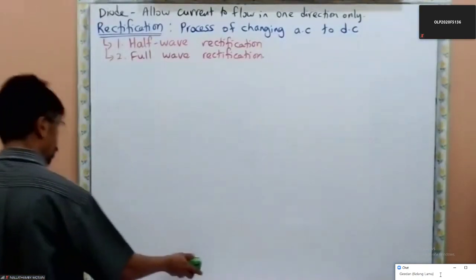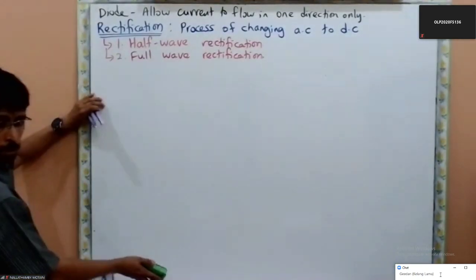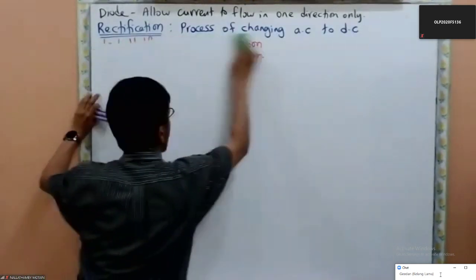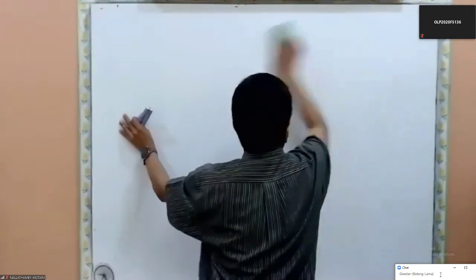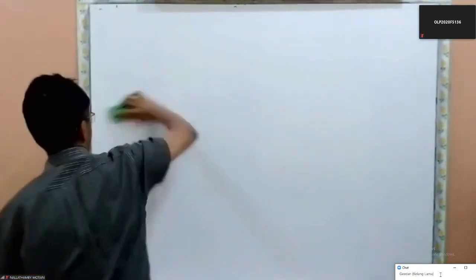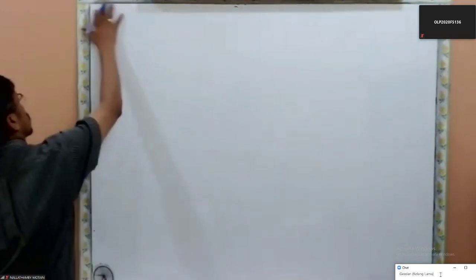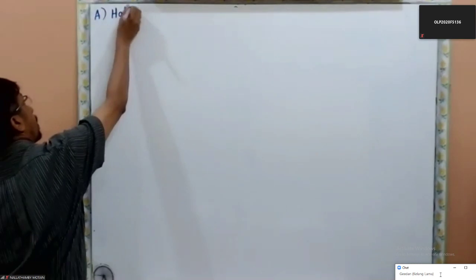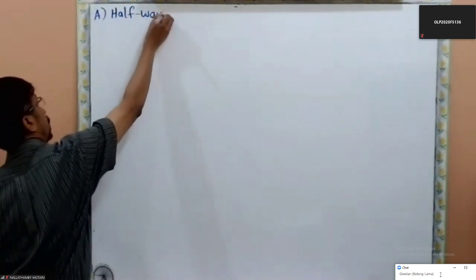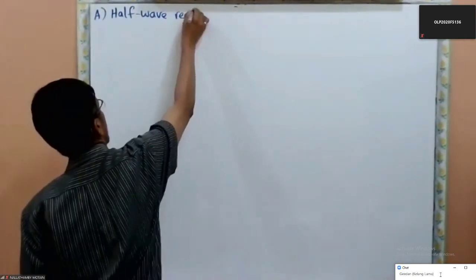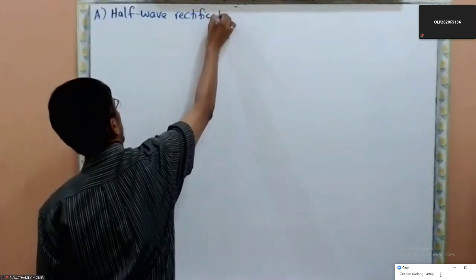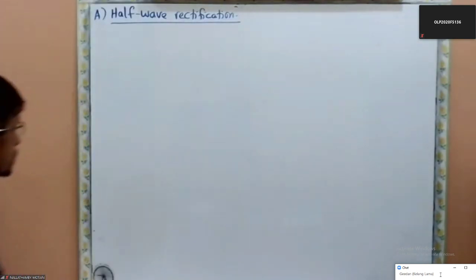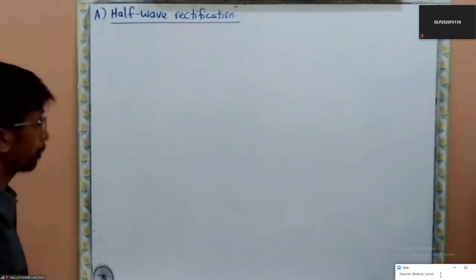Okay, now we are going to continue with the first one. First, we check half wave rectification. You have an explanation for this, yeah?